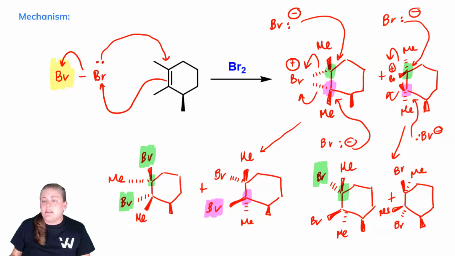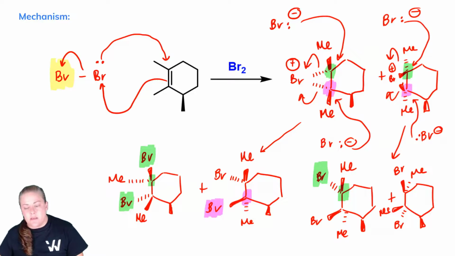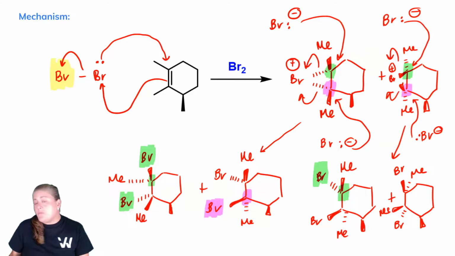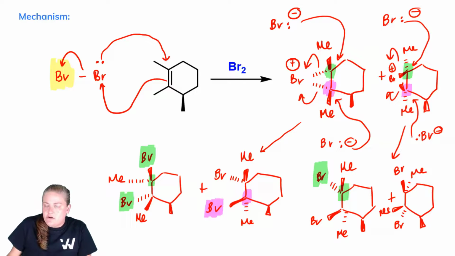We then need to think about the regiochemical attack, whether or not the bromine attacks the green or the pink carbon with equal preference. And that opens up the ring in two different ways and leads to two different stereochemical outcomes. Both are anti, but we have to pay attention to which is which.